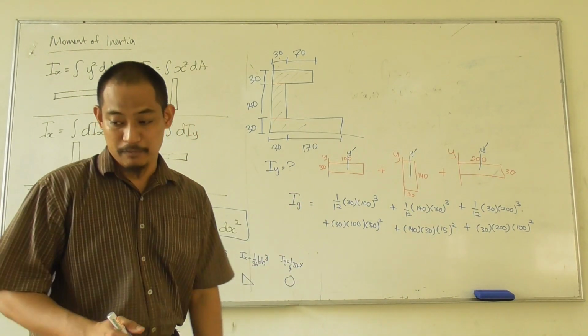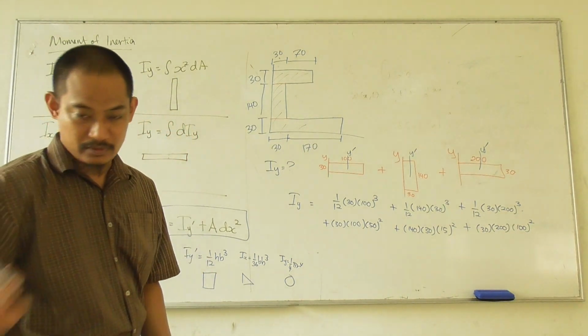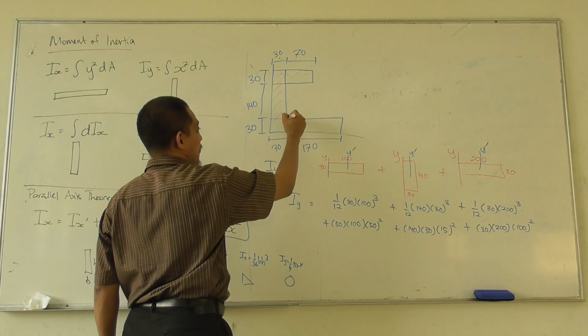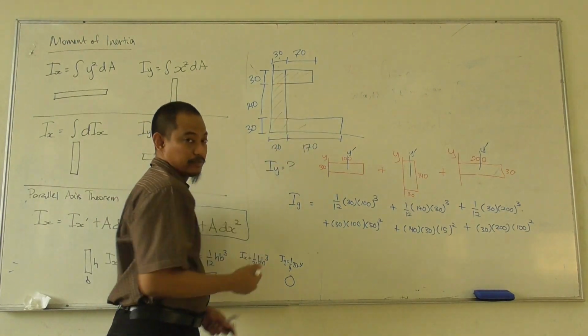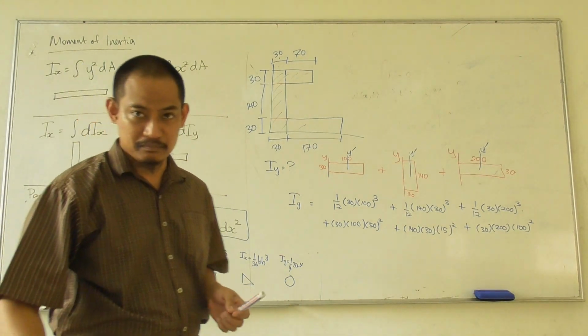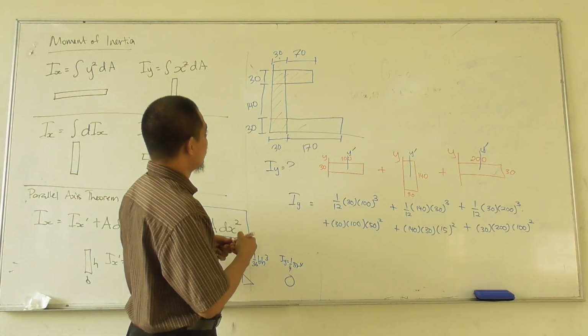Now, another possibility is if you divide it, I use the black one, if you divide it like this, meaning 1, 2, and 3. I don't prefer to divide like this, but the answer will be the same. Why don't I prefer it? Because when you draw it, you will see it's quite different.